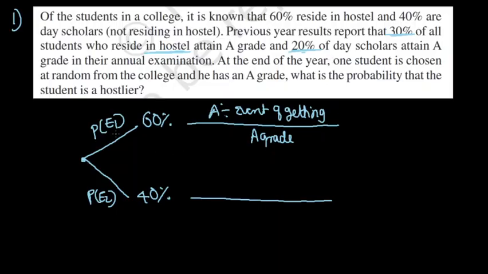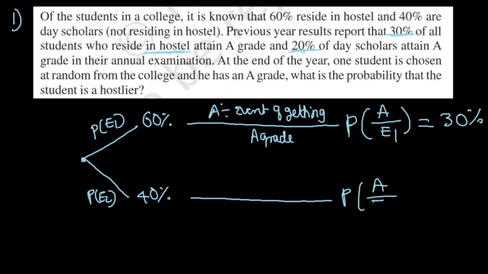So E1 is the event of selecting hostlers. A grade attained by hostlers is 30%, and A grade obtained by day scholars is 20%.